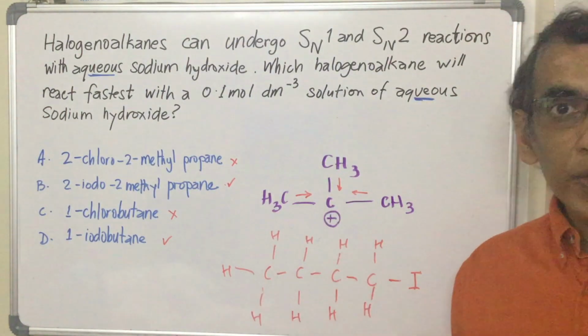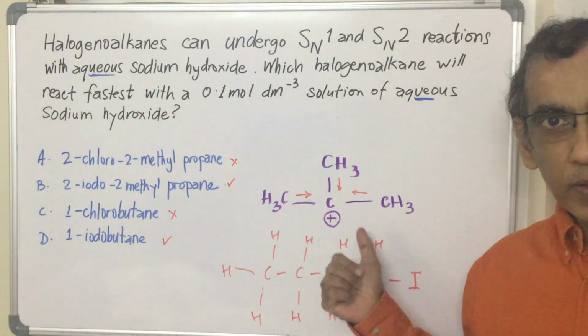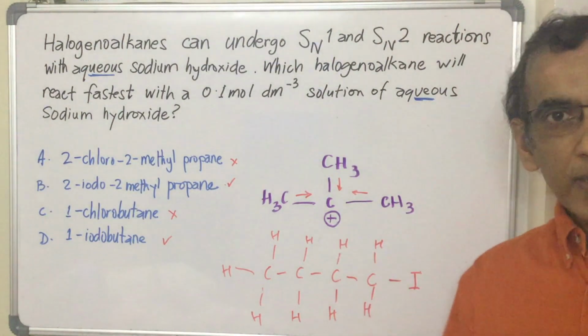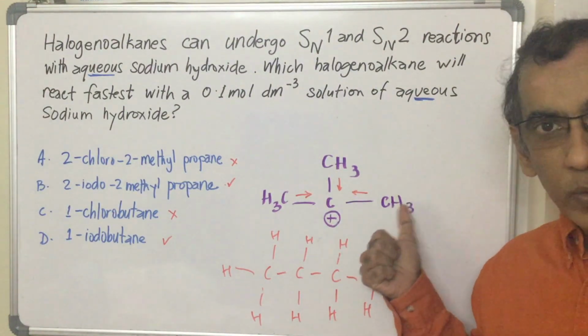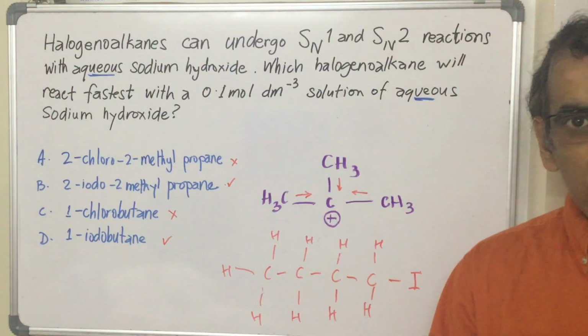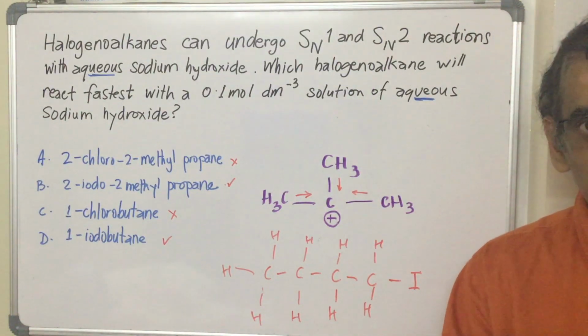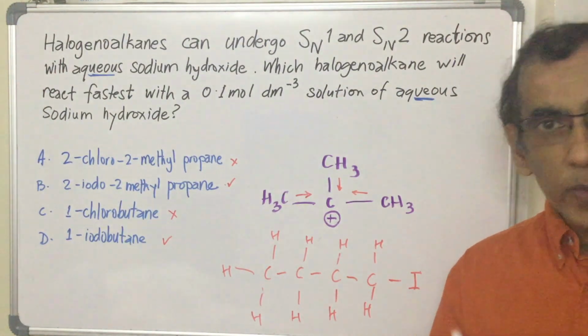Both of them need polar solvents, but the SN1 reaction, where you have the rate of the reaction dependent upon this single molecular entity, the carbocation, that has to take place in the presence of a protic solvent. But where's the information about the solvent in this question?